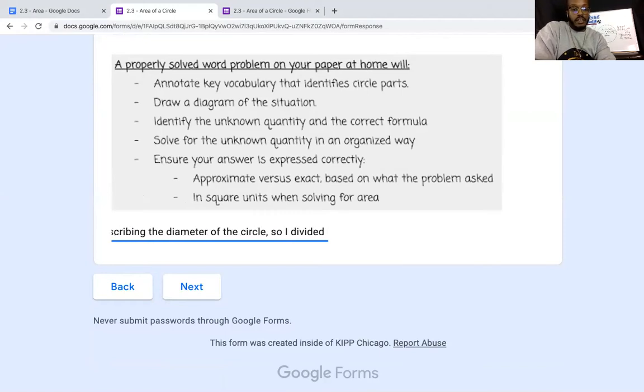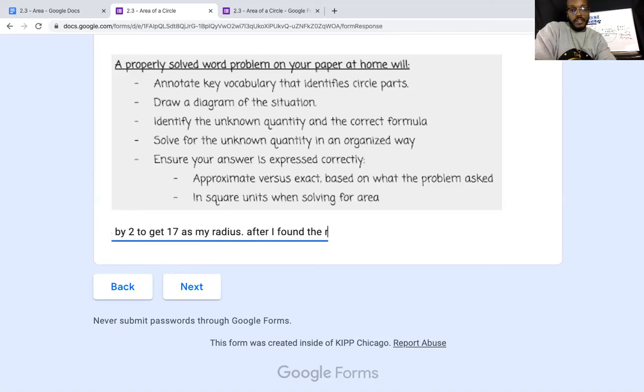So I divided 34 by 2 to get 17 as my radius. See, even your math teacher will make that mistake. They would go and make sure that you're using the right vocabulary.